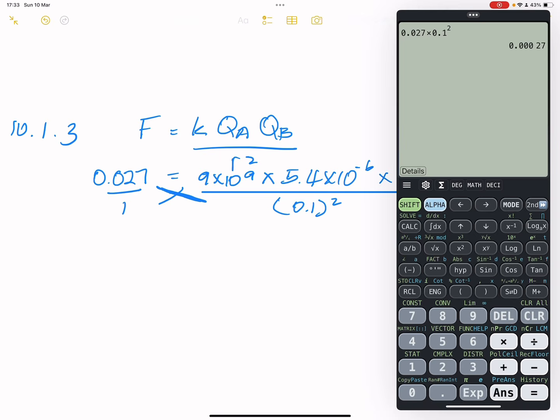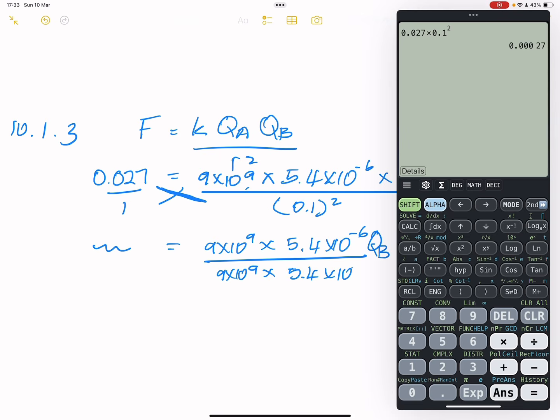Once I've calculated that value, this is what's on my left hand side, and on the right hand side I've got 9 times 10 exponent 9 multiplied by 5.4 times 10 minus 6, multiplied by the charge of B. So I need to divide by this entire expression, 5.4 times 10 minus 6. But remember, what you do on one side, you do on the other. So I'm going to do that on the calculator, and you're more than welcome to join me in this.